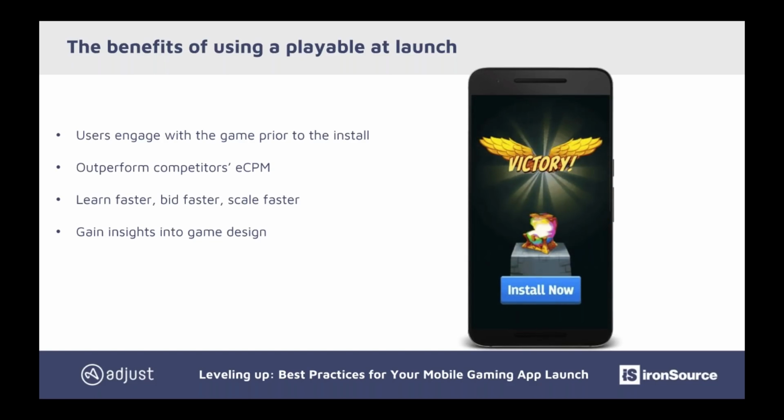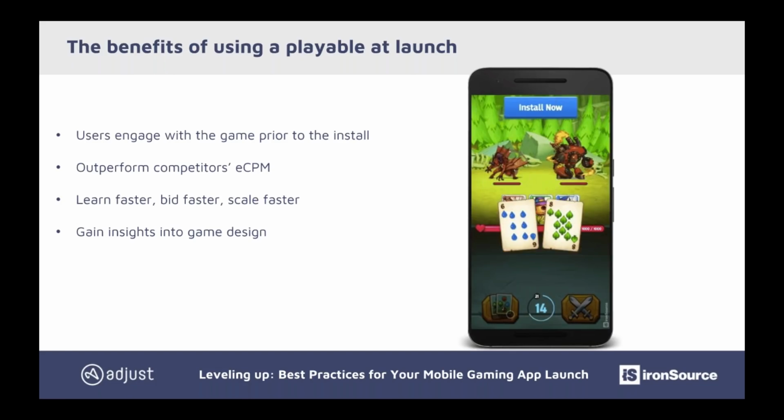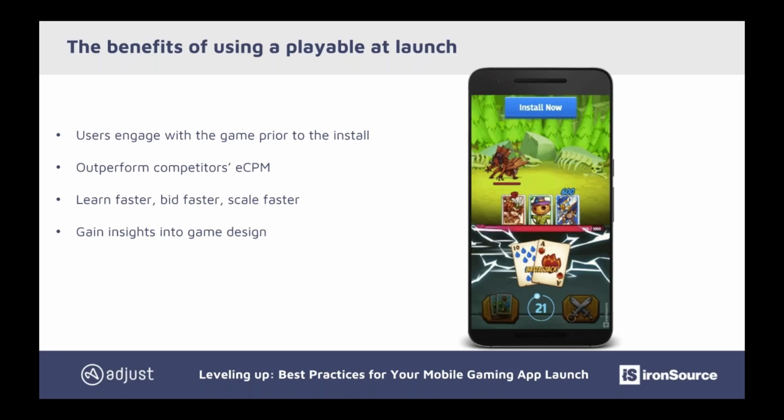And you see the metrics, it allows you to outperform your competitors, eCPM. And by competitors, I mean the other marketers out there that are competing for the same users. And if the metrics really outperform them, then you are able to acquire those users prior to others and learn faster.